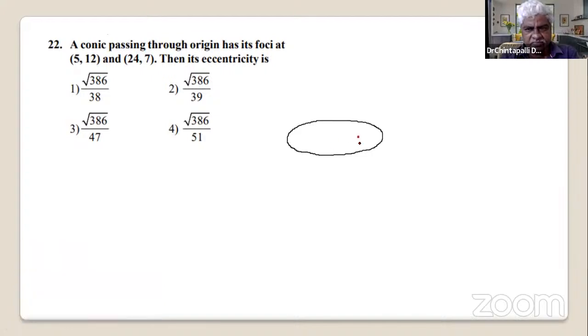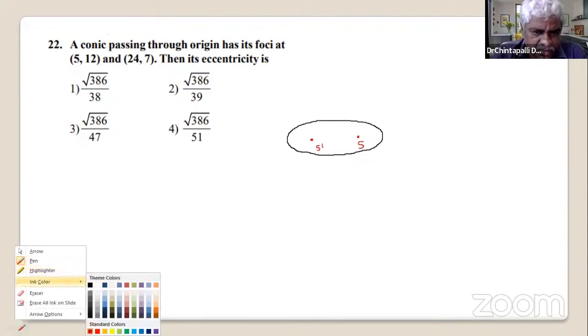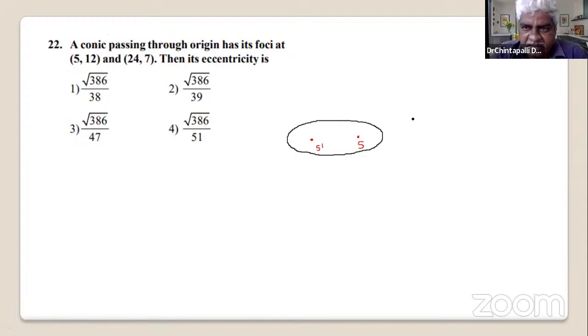This is S, this is S dash. And let there be a directrix.